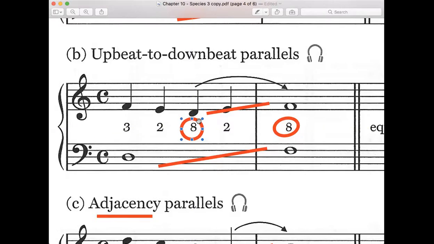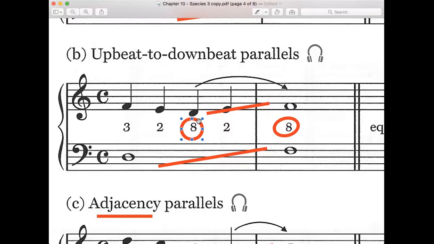1, 2, 3, 4. We tend to think of 1 as being the heaviest and 3 as being slightly less strong in a measure of 4/4 or 2/2. So the argument is that you would still hear that as parallel octaves, because halfway through the bar we have that octave. So here we would still treat that as parallel octaves.